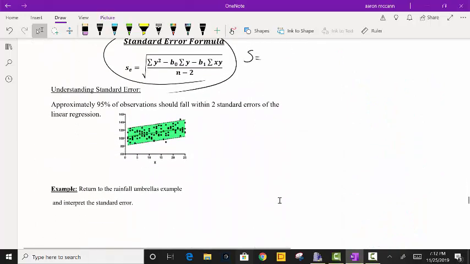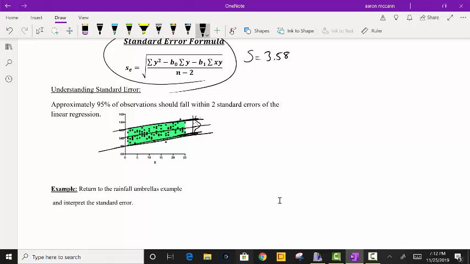So the nice thing about standard error, just like what we've been doing all year long, is here's our line of best fit. And if we were to think about coming in here and doing a 95% confidence interval about that line of best fit, 95% of our outcomes should be within roughly 2 standard deviations of our line of best fit.